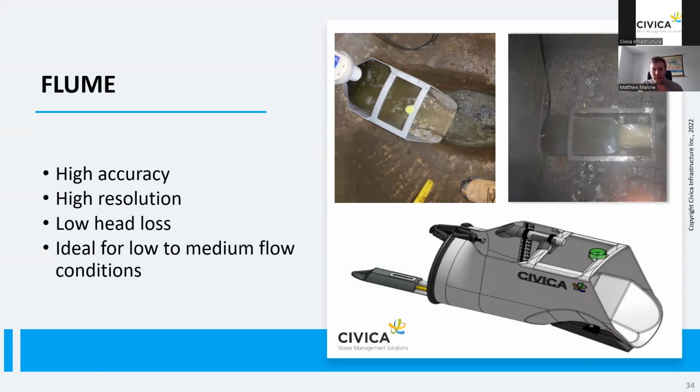We go down, measure the pipe dimensions, and then get an actual flume that fits very nicely, because all the pipes are supposed to be a certain size, but as anybody knows, if you go into these systems, you can run into situations where they're not exactly circular, or they're a bit smaller or a bit larger than you had originally anticipated. So these are high accuracy, high resolution, low head loss, and ideal for low to medium flow conditions.